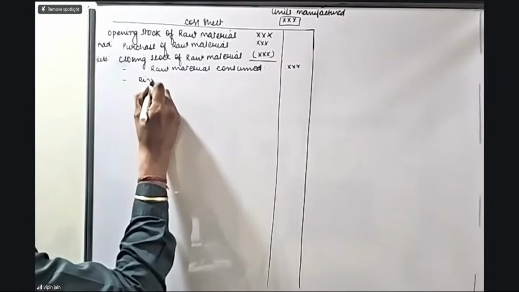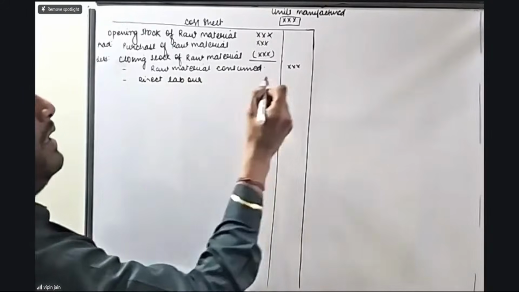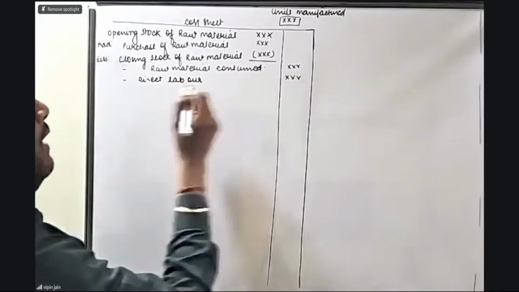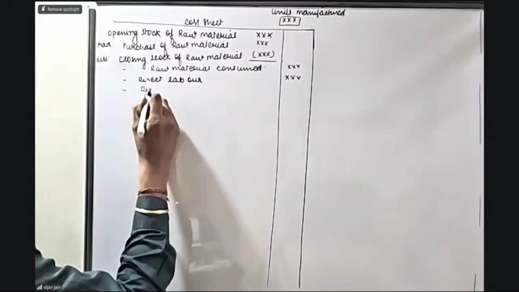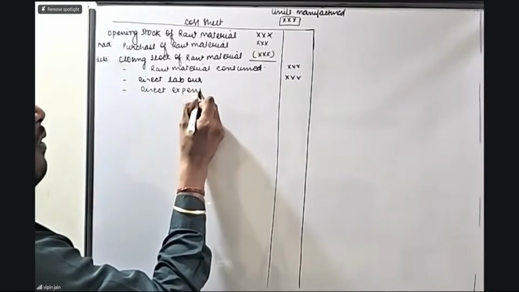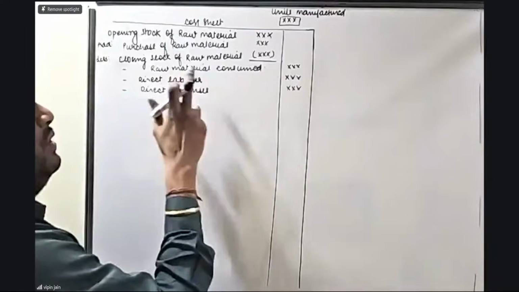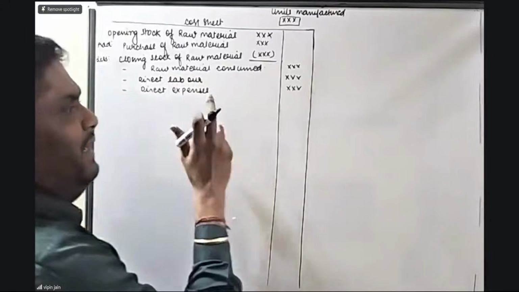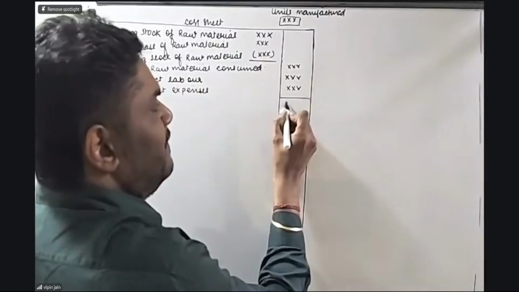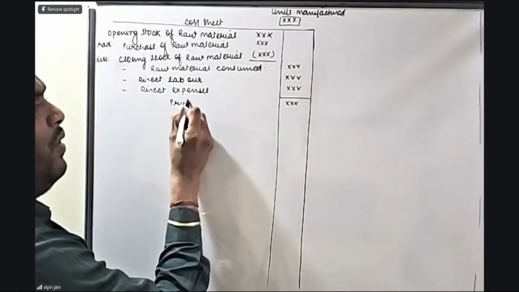Next is direct labor and direct expenses. So direct material, direct labor and direct expenses, we will calculate the total. We call it prime cost.